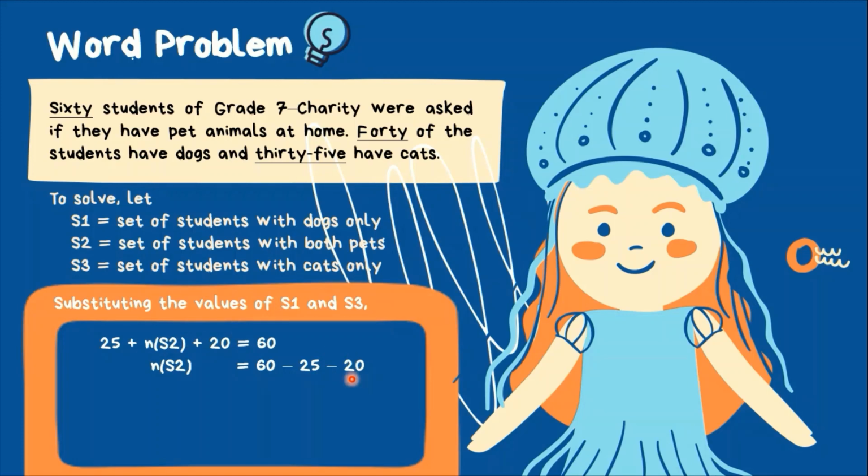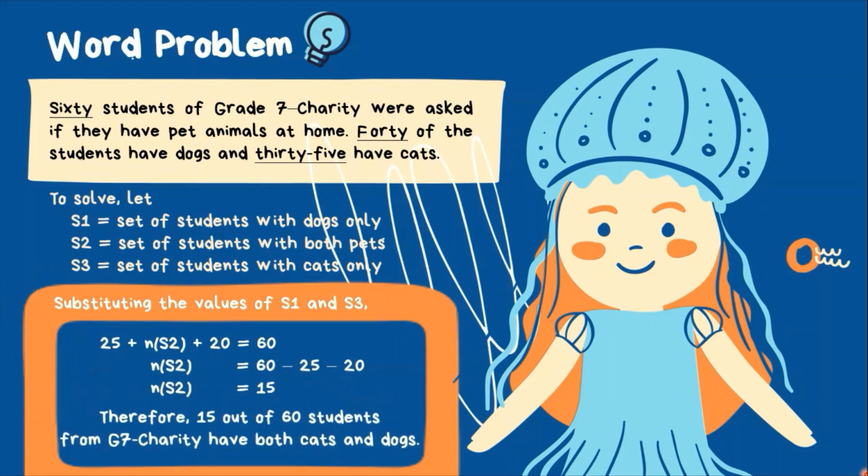So, from positive 25 and positive 20, they become negative 25 and negative 20. We try to bring down cardinality of S2 and then we have equal 15. Saan nanggaling yung 15? So, we have 60 minus 25 is 35 and then 35 minus 20 is 15. Therefore, 15 out of 60 students from G7 Charity have both cats and dogs.